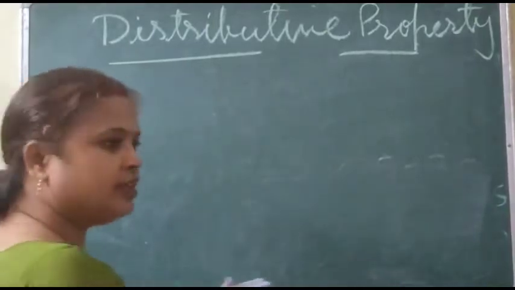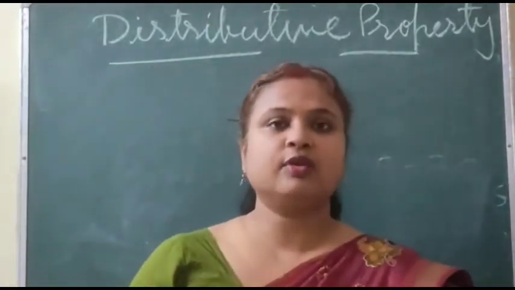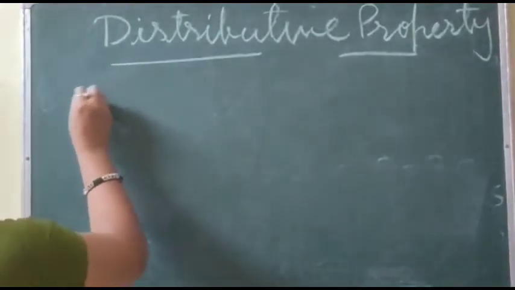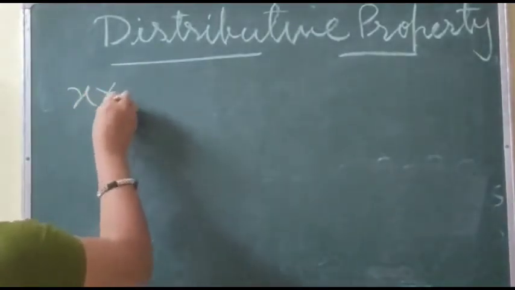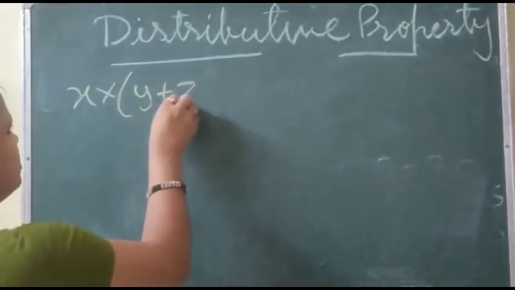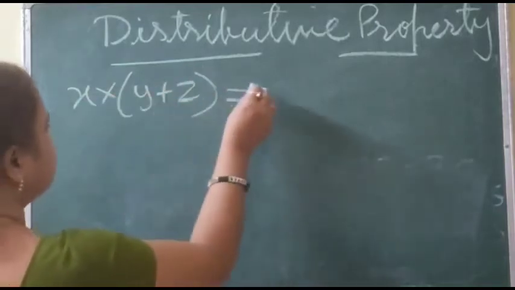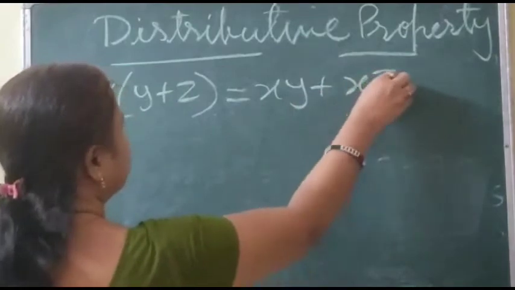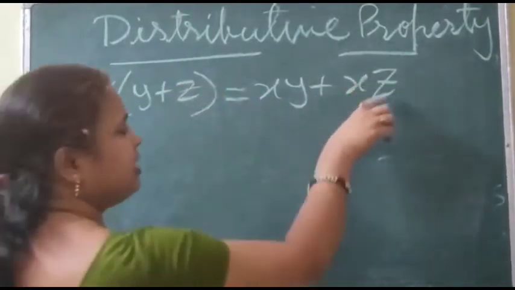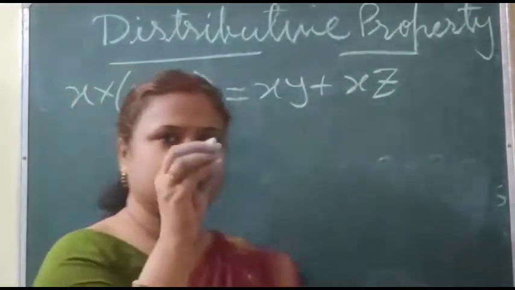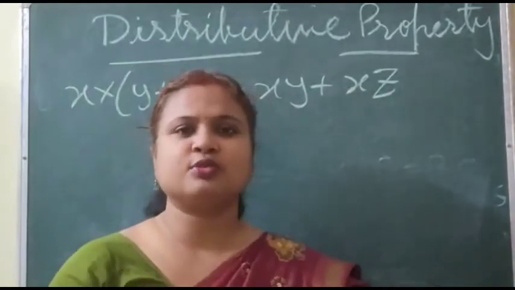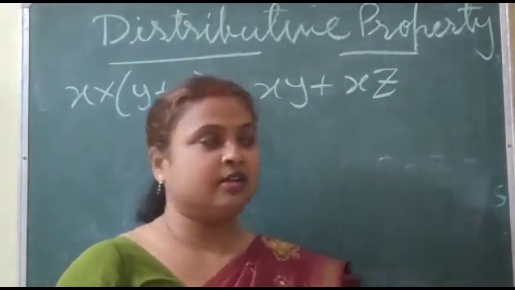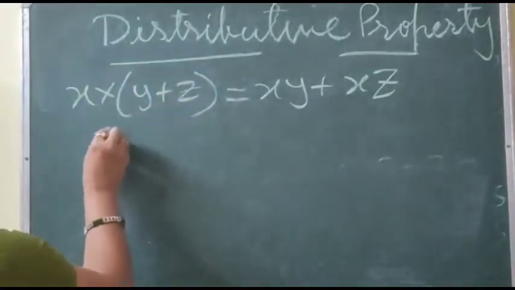Let's find out whether the RHS is equal to the LHS or not. So x into y plus z will be equal to xy plus xz. Students, I am writing z like this so that while doing the process, you don't get confused between the 2 and z.